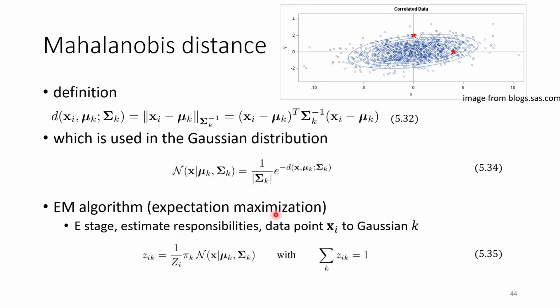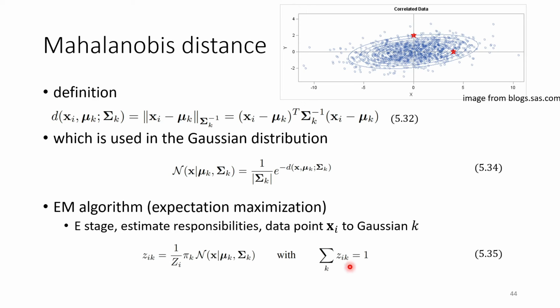So the second is the EM algorithm. What is the EM algorithm? There are two steps. First is the E step. It means we estimate the responsibilities from our formula. So we will get the Z value here, and they look like a probability, so their summation will be 1.